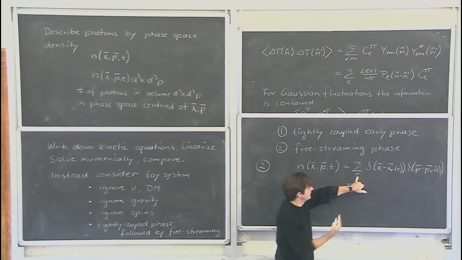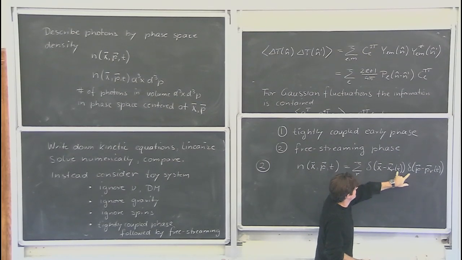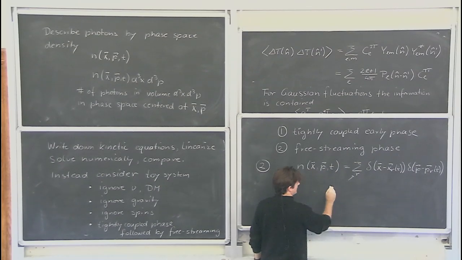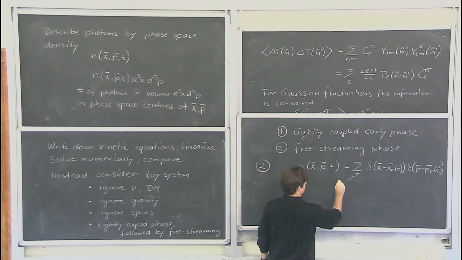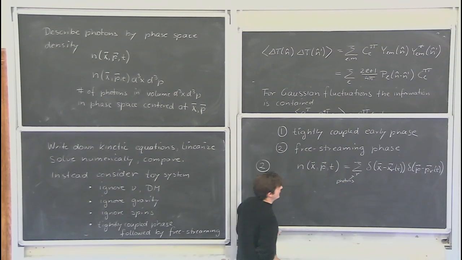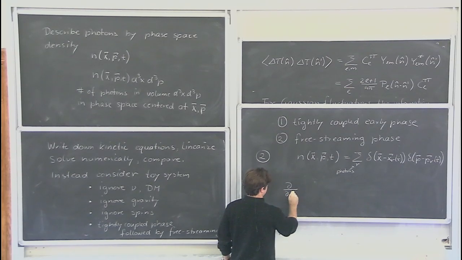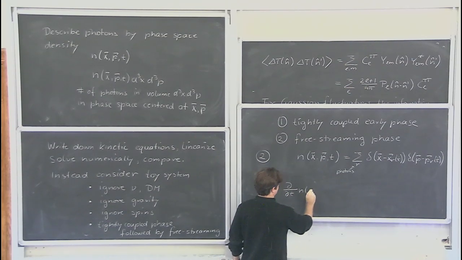So this is just a 6-dimensional delta function in phase space. If I integrate over the little volume, it just counts the number of photons in that volume. So this sum runs over the photons in the system. And so then I can calculate d by dt of that thing, d by dt of the phase space density.